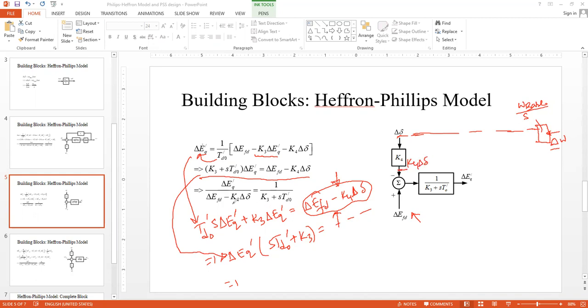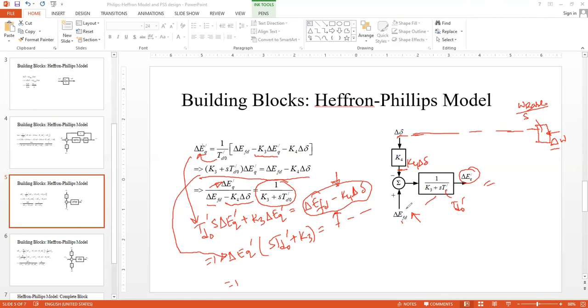So it is minus K4 del delta plus delta EFD. So this is your transfer function block, K3 plus S Tdo prime. Again, this is S Tdo prime, all the same. Tdo is missing, so probably this also requires some correction. And the output is this one, delta Eq dash. So this is how it is obtained.